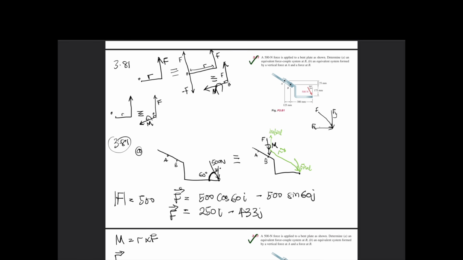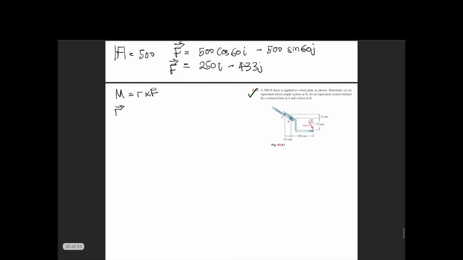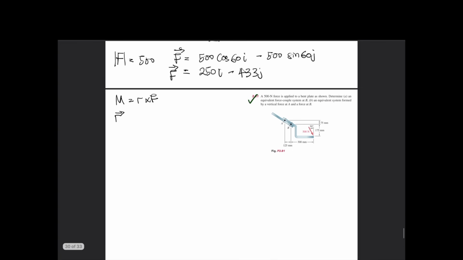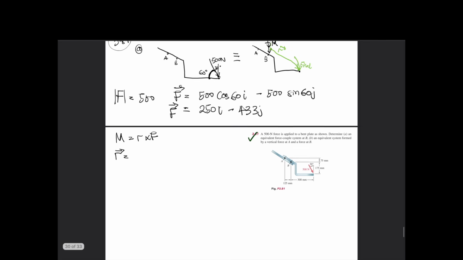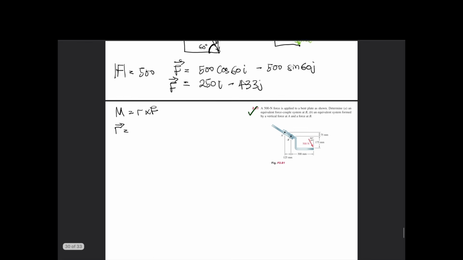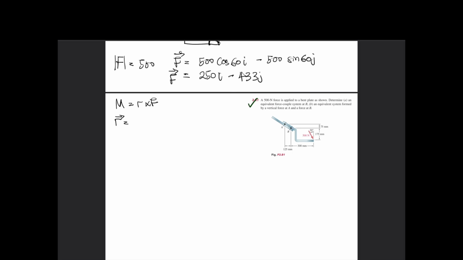We have to move from this point B to the initial point of application of our force. Like we said before, there are two methods we can use to get our points, and we are going to use one of them here. We are going to travel along x, y, z. We are at point B here, and we want to move to this initial point here.